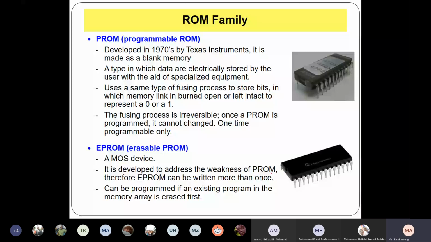Erasable PROM is an upgrade of the PROM. PROM you can write once and you cannot change. Whereas EPROM, you can change the program inside there. But in order to change the existing program, you have to erase it first. You erase whatever is in there, then you write a new one.